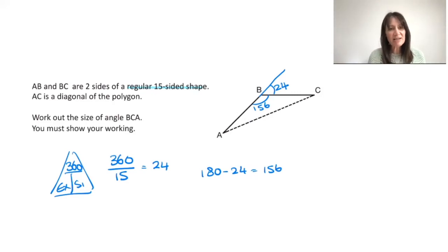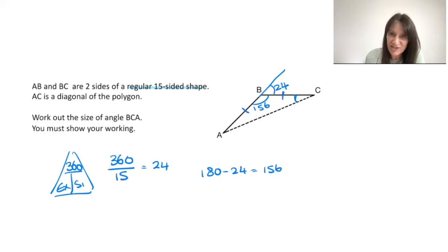So it says work out the size of angle BCA. So let's have a look at that. There's BCA. So they actually want me to find this angle here. Well, I can see it's enclosed into a triangle because my regular polygon is regular. It means all the edges are the same.